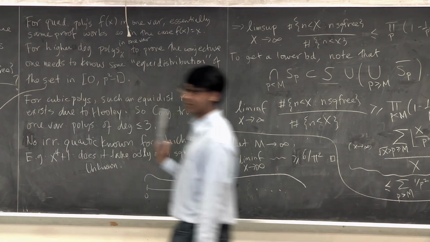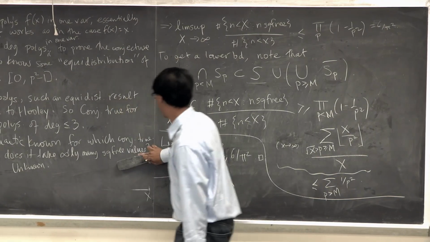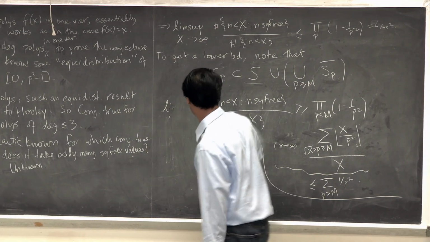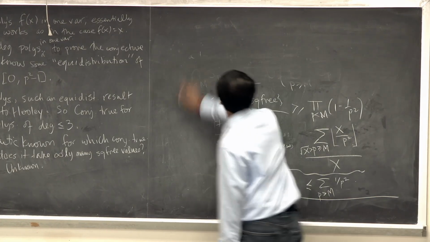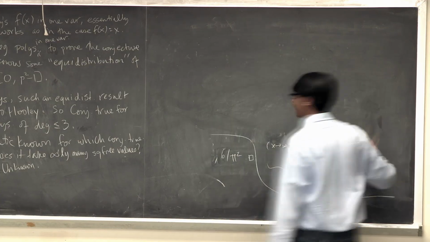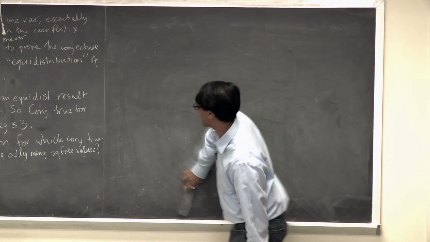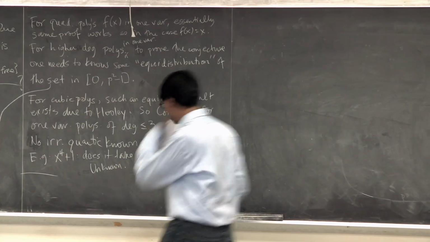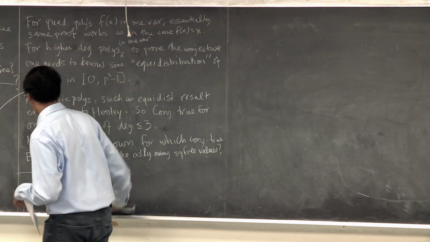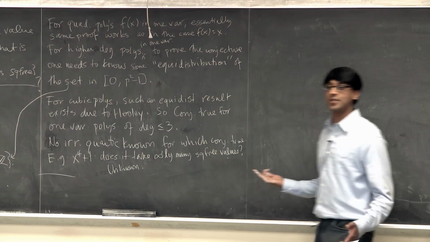Unless, maybe it is known. So let me say something about that. Maybe I'll say one more thing, which is, if you add variables, it doesn't really help the situation very much.